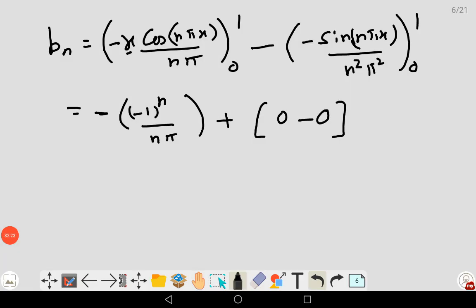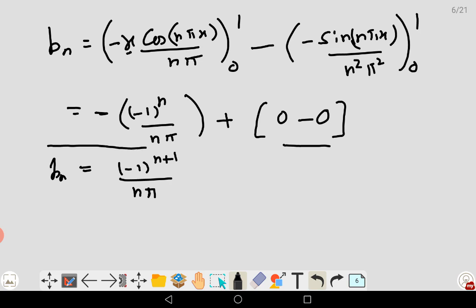So this term is 0, n pi in the denominator, minus 1 to the power n, again a minus 1, so minus 1 to the power n plus 1. This is bn, isn't it?